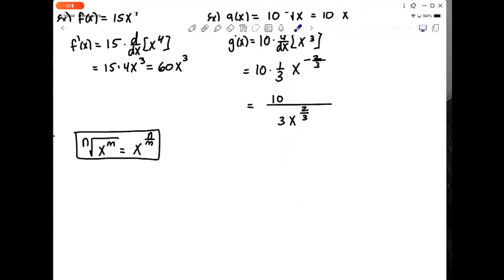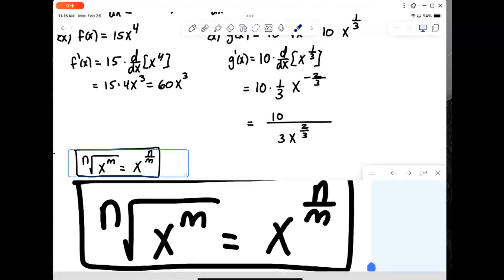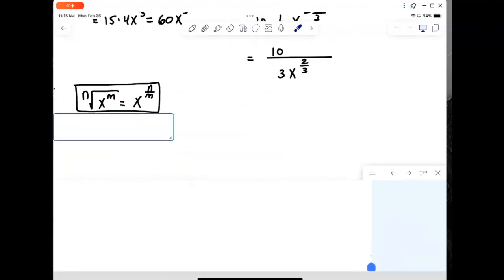And so today we're going to continue with these rules, adding another one to our list, which is the sum and difference rules for derivatives.